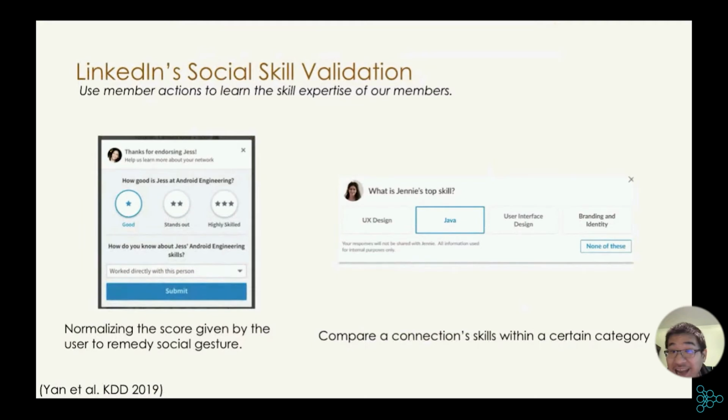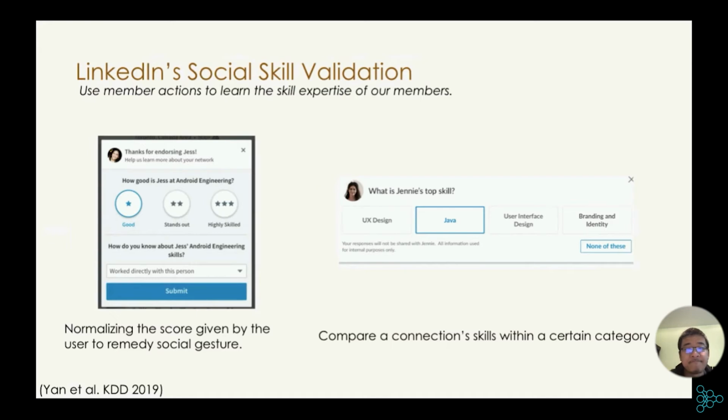So the idea is, instead of using machine learning to predict the relationship between member and skill, we can directly ask our members, hey, are you good at this skill? What's your expertise level at this skill? We can just directly collect this kind of data from the members. LinkedIn has a lot of active users who are willing to provide this data to us.